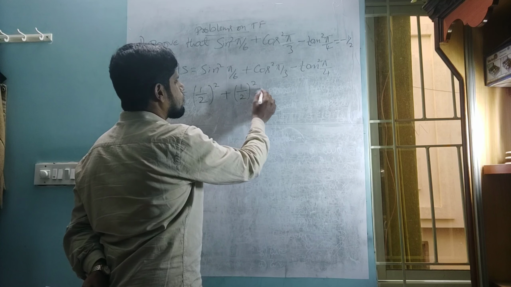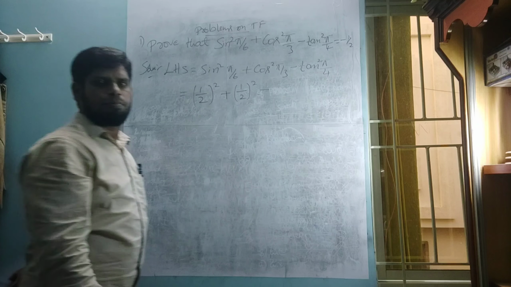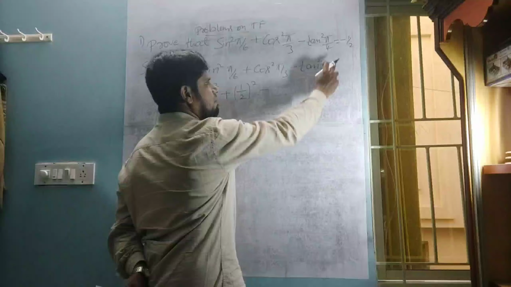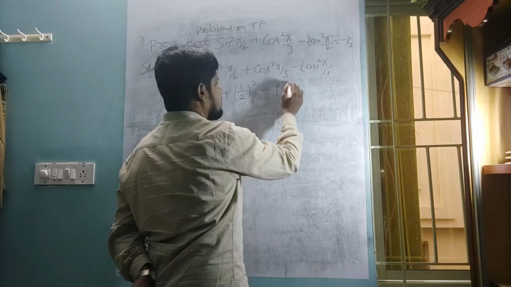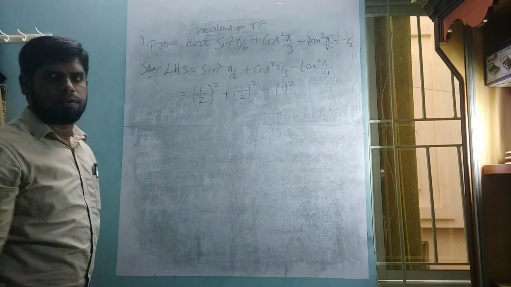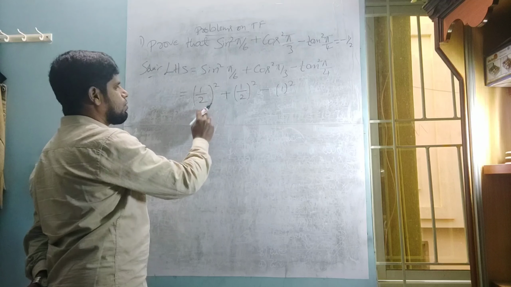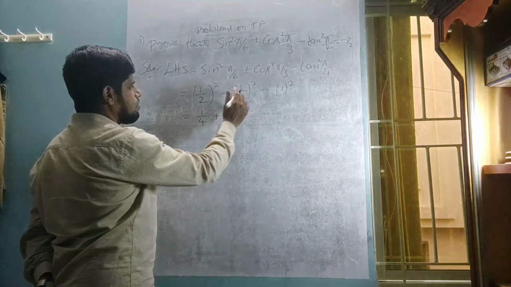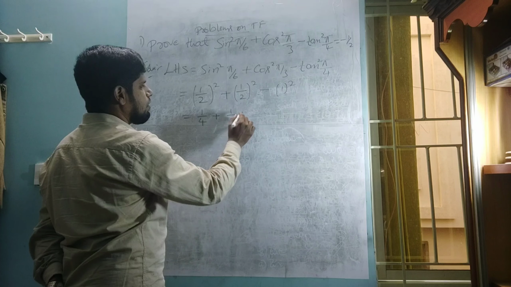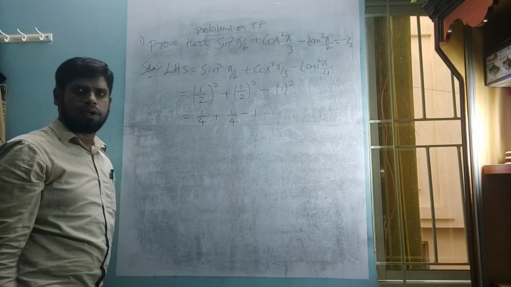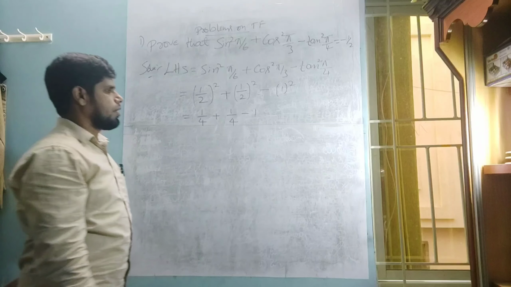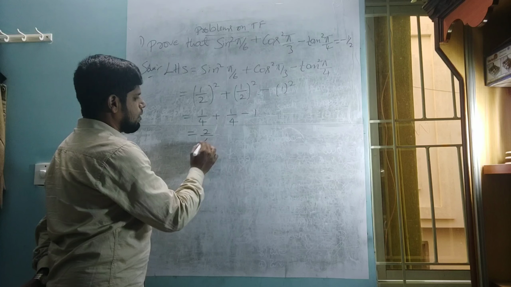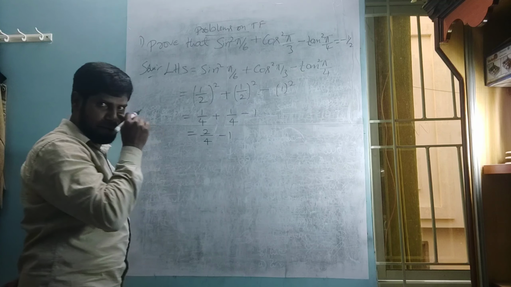half square, minus tan pi by 4. Tan pi by 4 is 1, and this has a square. Okay, 1 by 2 square is 1 by 4, plus 1 by 2 square is 1 by 4, minus 1. 1 by 4 plus 1 by 4 is 2 by 4, minus 1.